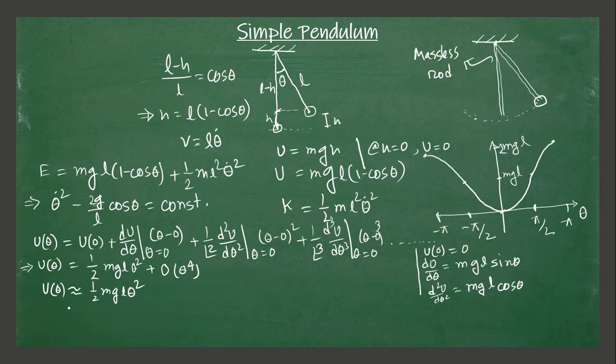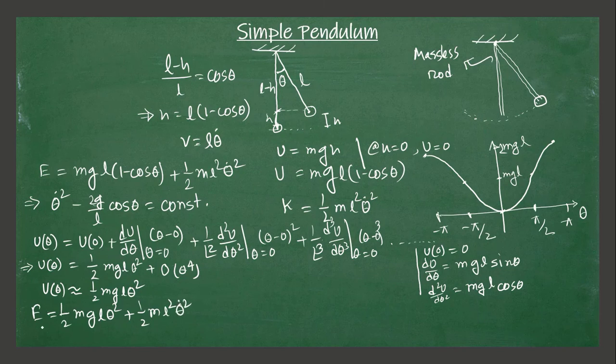So the total energy we can write now to be equal to the potential energy, half mgL theta squared, plus the kinetic energy, which was half ml squared theta dot squared.